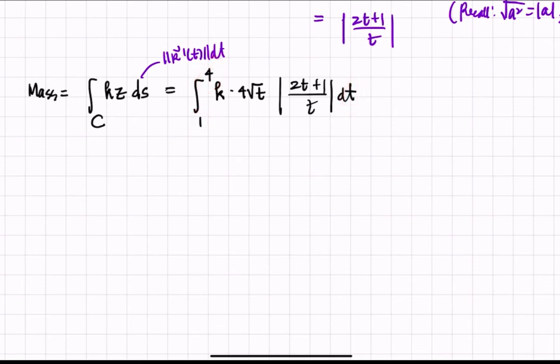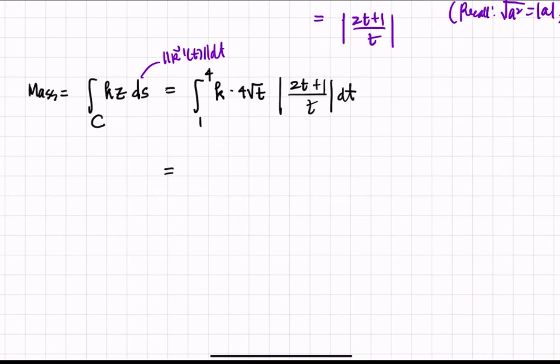But as you can observe, 2t plus 1, it's positive if t is from 1 to 4. T is positive if t is from 1 to 4. So, if you divide two positive numbers, you get a positive number. And you get its absolute value, siya pa rin yung makukuha mo.